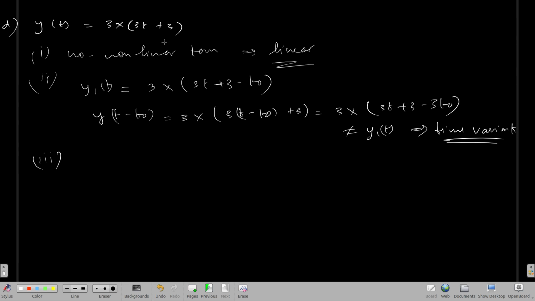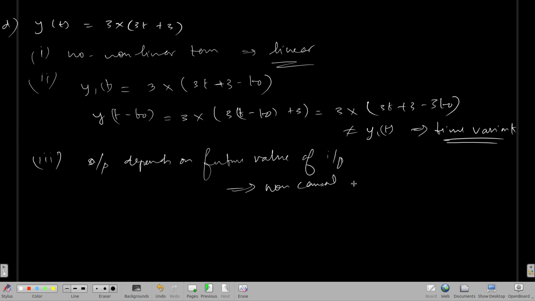So it is a dynamic system, and it is also non-causal. That is, output depends on future value of input. Non-causal and dynamic, a memory system.